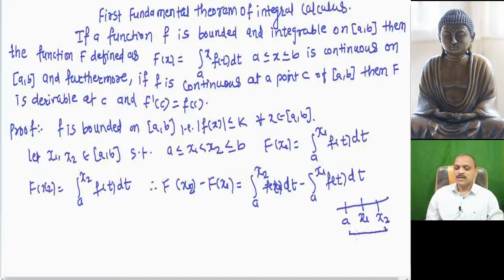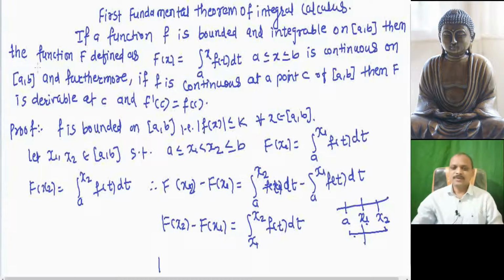From the whole part a to x2 we are subtracting a to x1, so the range terminates from x1 to x2. Therefore capital F of x2 minus capital F of x1 will be integration x1 to x2 of f of t dt.